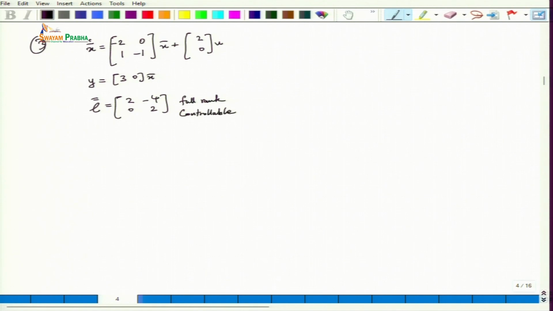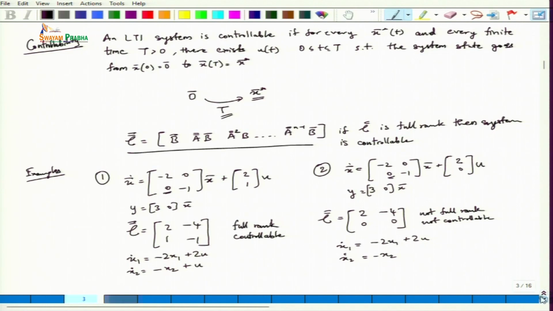So now we see that even though u is not contributing directly, it's still a controllable system. For that we'll write down the differential equation again for this system, and we get this particular equation.